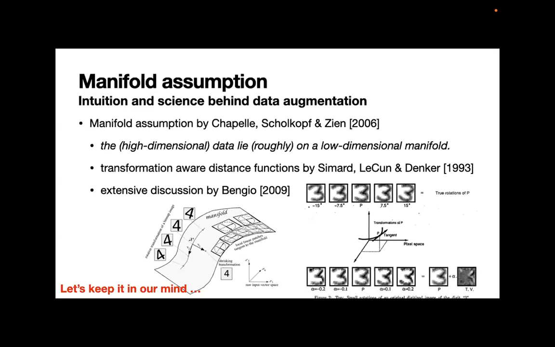They looked at what transformations we can apply to a digit without altering its identity, and then used that small number of directions in this transformation space to define a distance, or the geodesic distance, over the same manifold. There is also an extensive discussion by Yoshua Bengio in his manuscript in 2009. So let's keep this in mind because this is going to be the key assumption that we're going to rely on in order to do data augmentation without having to design everything ourselves manually.